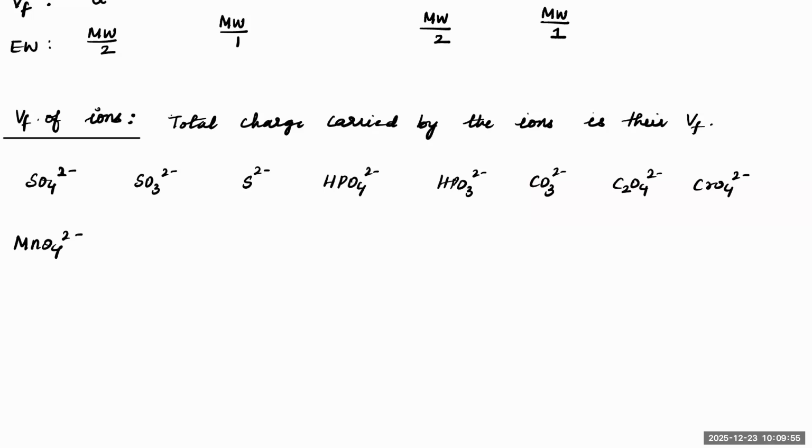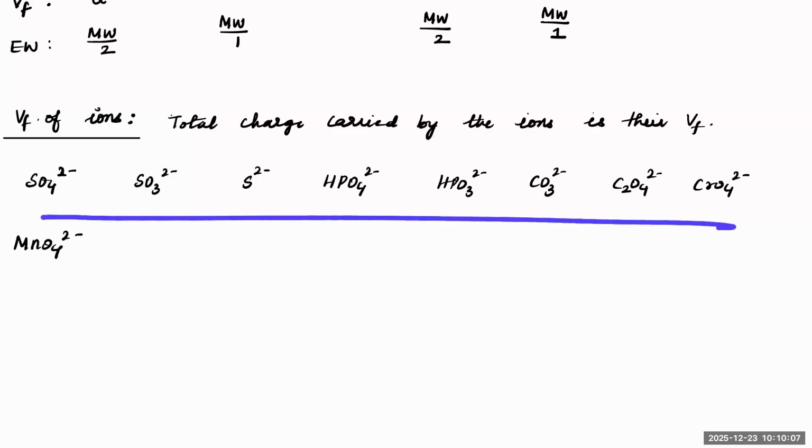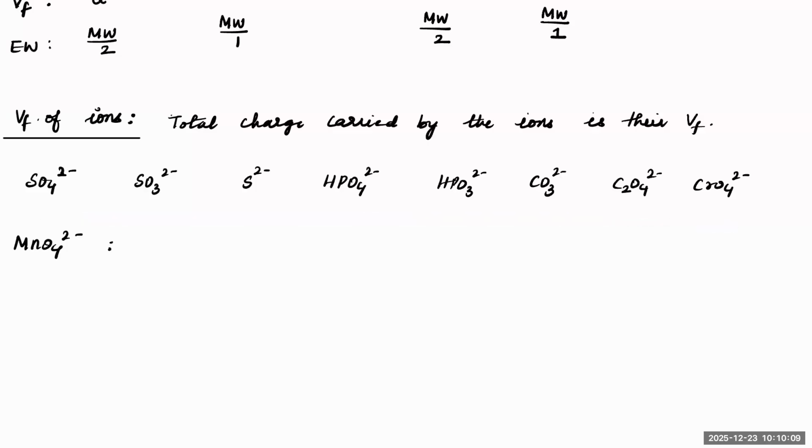If you have these kinds of terminologies, we can always have anything of this kind. If you notice all of these, for all of these cases, the valency factor is 2.